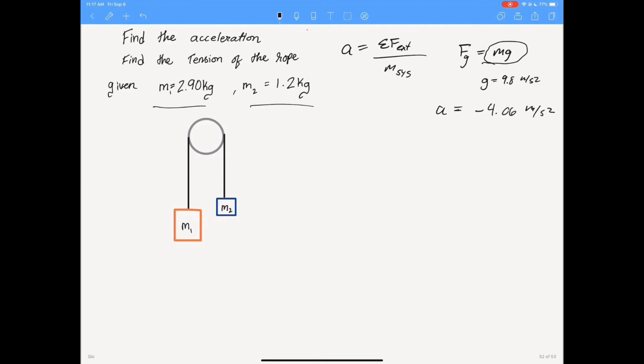So we're now going to focus on one of the masses. We'll focus on m1; that'll be our new system. Let's draw a free body diagram. We have gravity pulling it down, Fg1, and then the tension of the string, which we'll call F sub t.